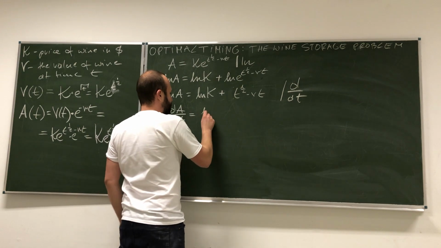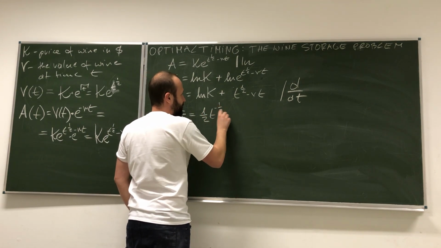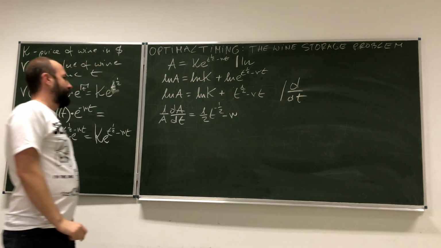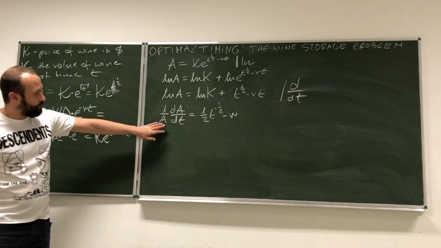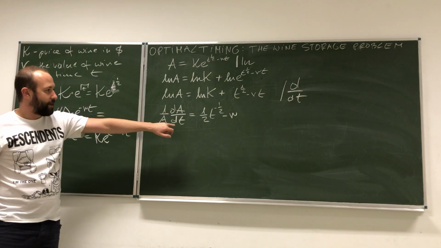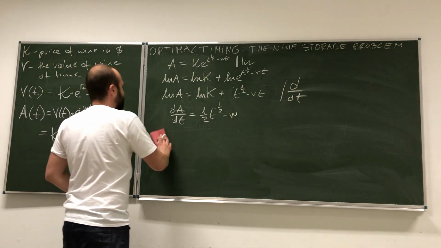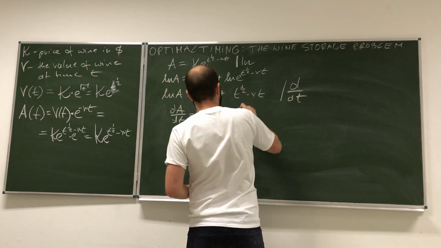Out of this, we're going to get 1/2 t to the power negative 1/2 minus r. Okay, now, again, one more thing we can do is to multiply both sides of this equation by A, and we are obtaining the derivative that we wanted.